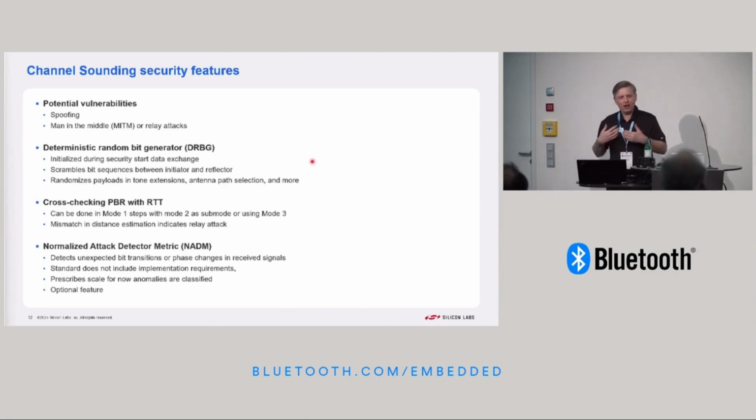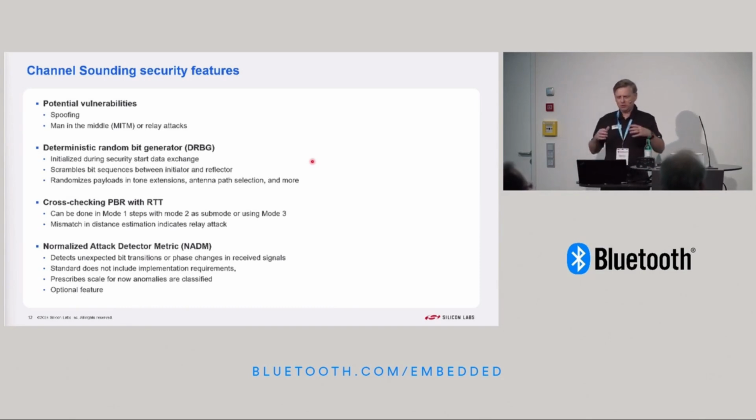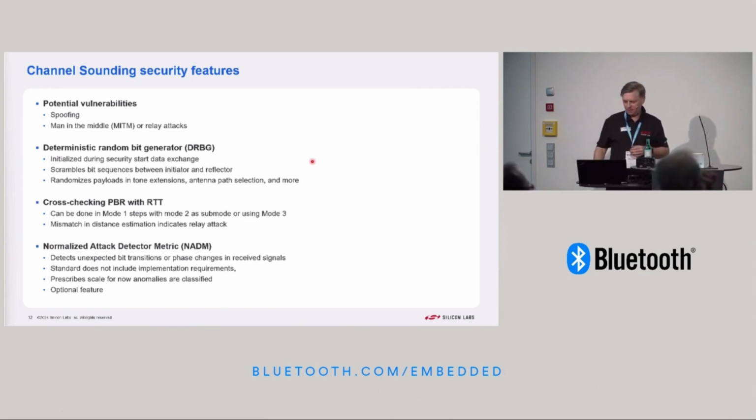It's basically just a way to communicate that there may or very likely could have been some sort of malicious interference with the signal. The standard doesn't really prescribe how to determine these things, but it communicates what the numeric scale is supposed to look like to communicate that something is likely to have happened versus not likely to have happened.